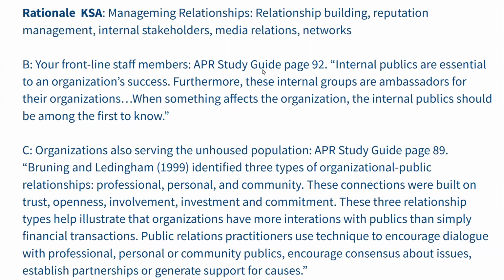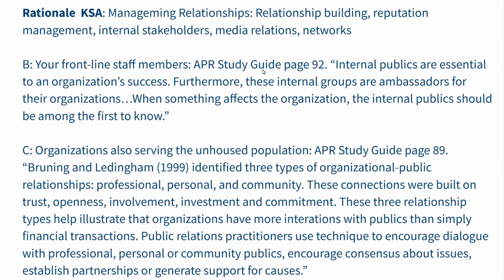And also C, organizations also serving the unhoused population. And this is per APR Study Guide, page 89. Bruning and Ledingham identified three types of organizational public relationships: professional, personal, and community. These connections were built on trust, openness, involvement, investment, and commitment.